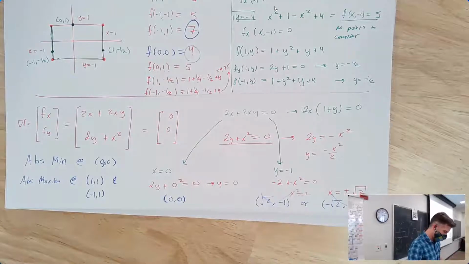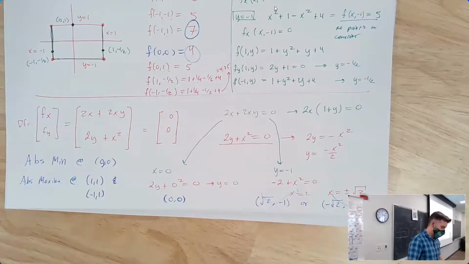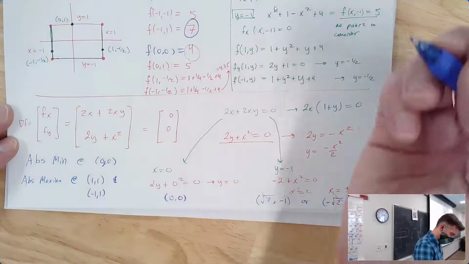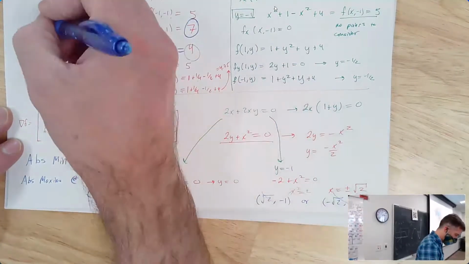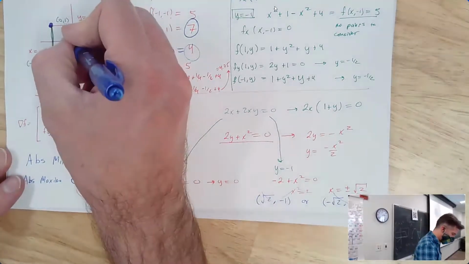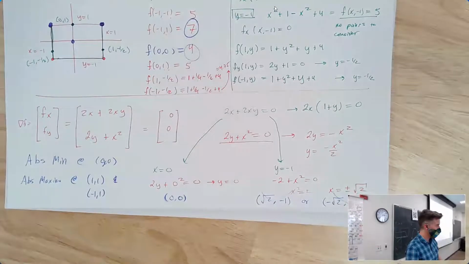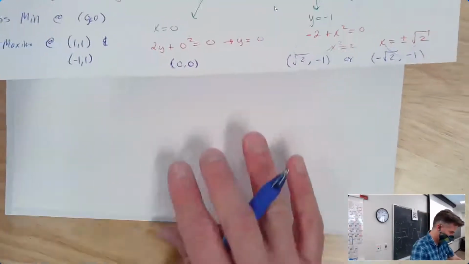Interesting. I wish I could draw it for you, but it would probably look terrible. But you can imagine, these two points here at (1, 1) and (-1, 1) are where the roof is the highest. And here at (0, 0) is where the roof is the lowest. So I'm going to make an attempt.